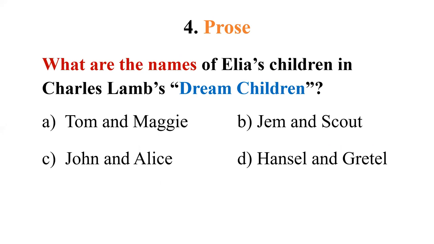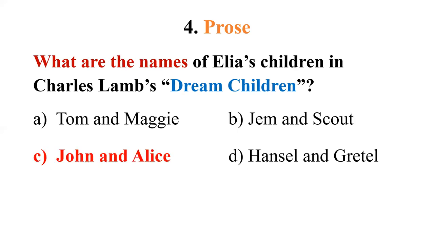And you're aware of this, if you're aware of this essay called Dream Children by Charles Lamb. Charles Lamb uses this pen name called Elia, and he imagines, he doesn't have children. He imagines, okay, there were children, and what are their names? Tom and Maggie, John and Alice, Jem and Scout, Hansel and Gretel. Answer C, John and Alice.